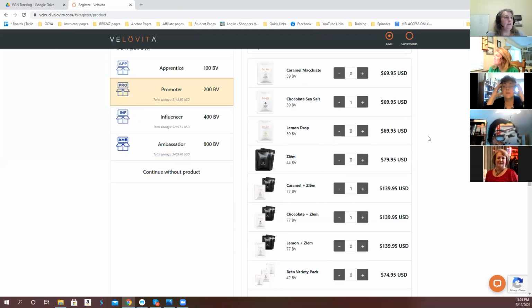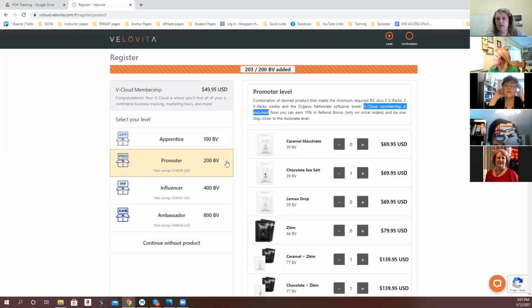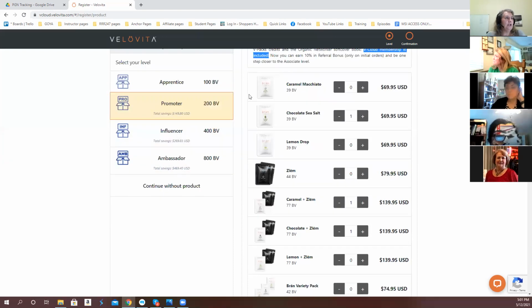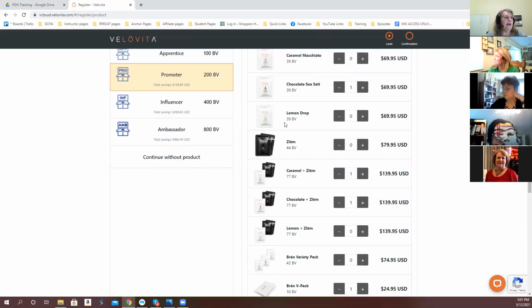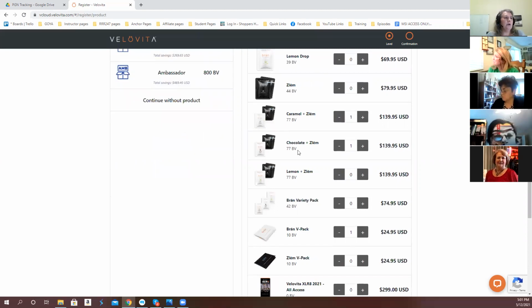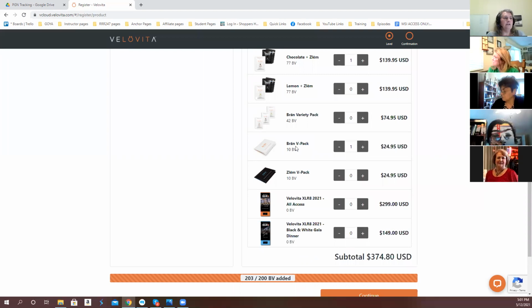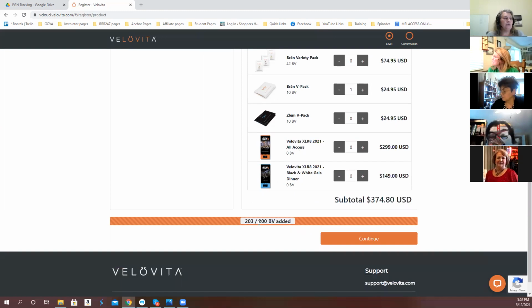As my recommendation when you sign someone up, Mr. Overstreet, this is what we did last night: have your person choose one of the 3 brains, then pick 2 of the combo packs, and then pick one of the V packs, either the brain or the Zleem, because we need to get to 200 business volume, or 200 BV.